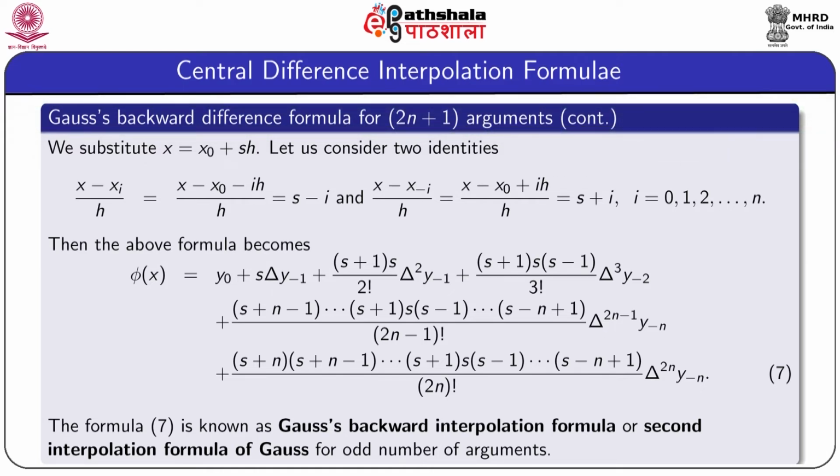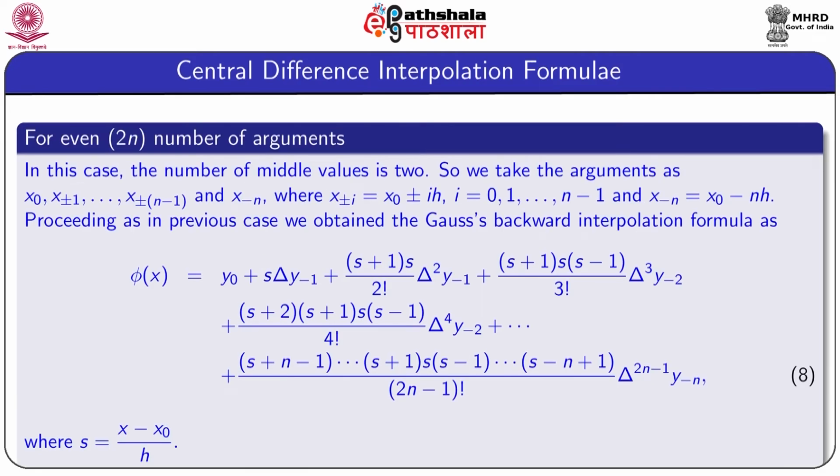This formula is known as the Gauss backward interpolation formula, or second interpolation formula of Gauss, for an odd number of arguments. Now, for an even number of arguments, that means 2n arguments, there are two middle points x0 and x1. So, the arguments are numbered as x0, x plus minus 1 up to x plus minus (n minus 1), and the last argument is denoted by x_{-n}.